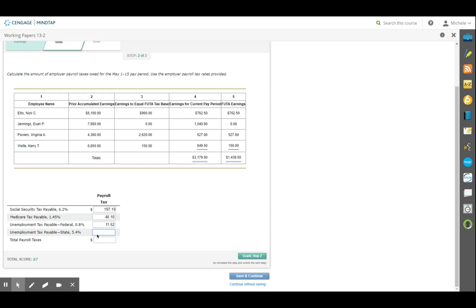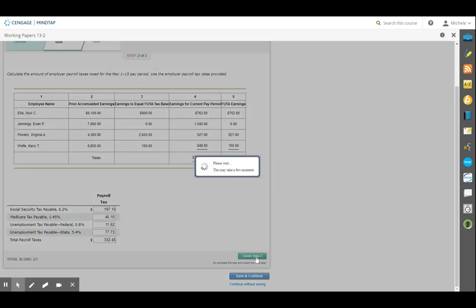That's going to give me 77.733. The 3 is not at a 5 yet, so I'm going to drop that off, and it'll be $77.73. Okay, total payroll taxes. I'm going to add these numbers together, and you should get $332.45. Okay, let's go ahead and grade step 2.